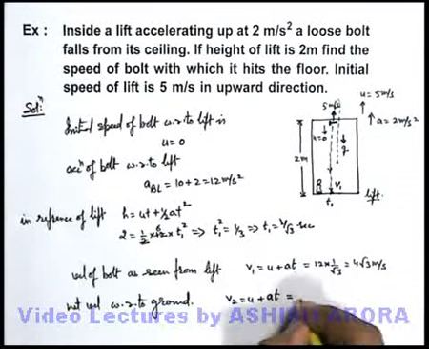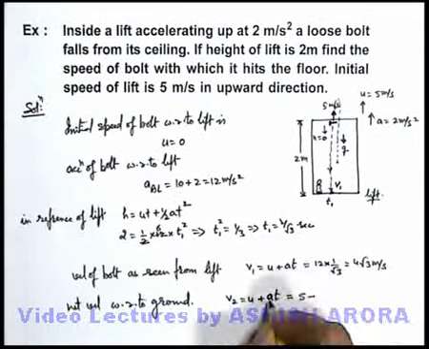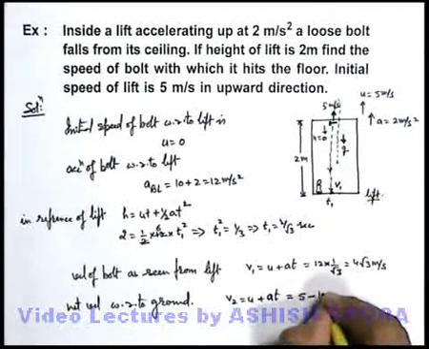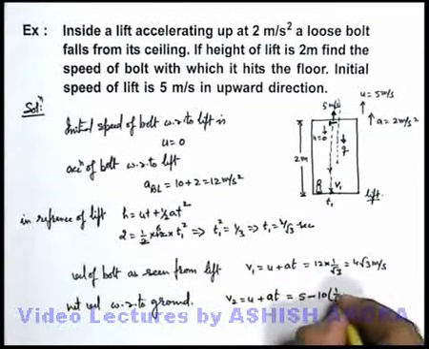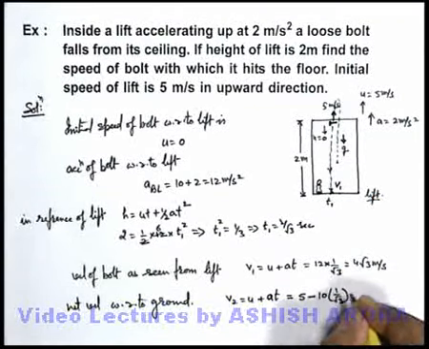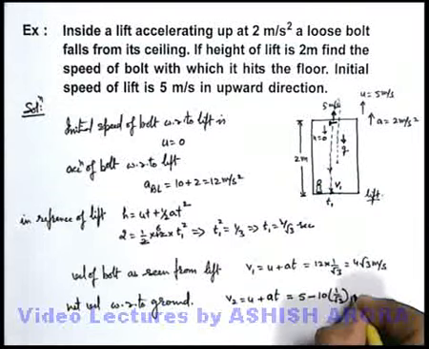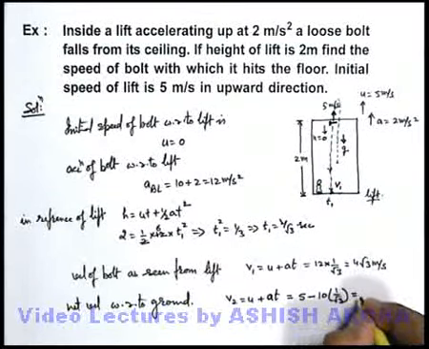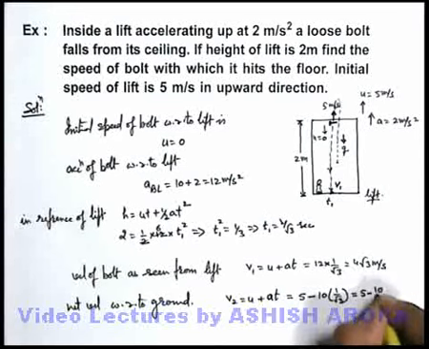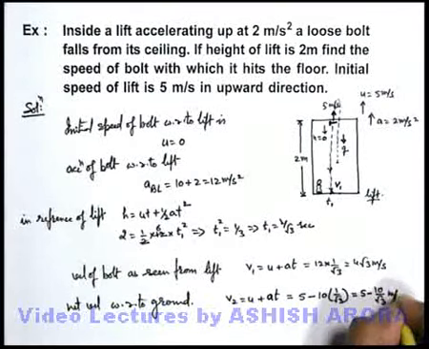So here we take 5 minus acceleration, we take only g, it will be 10 into t, which is again 1 by root 3 second, because time remains the same in all references which we have studied till now. So it will be 5 minus 10 by root 3 meters per second.